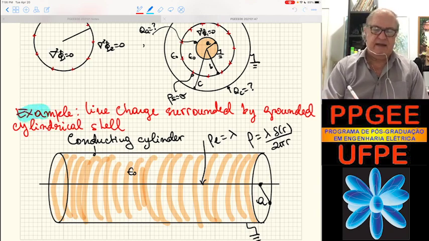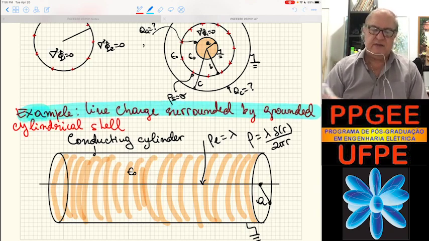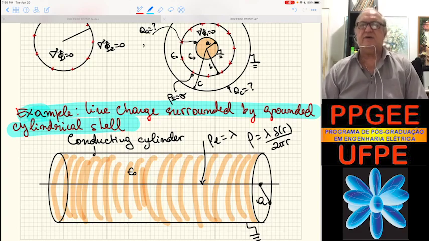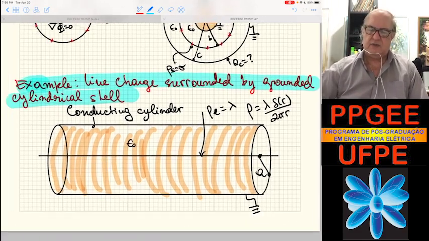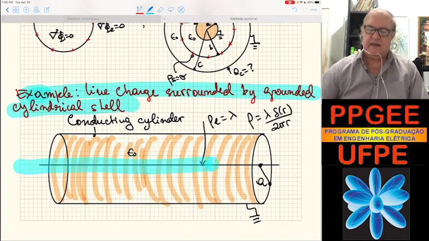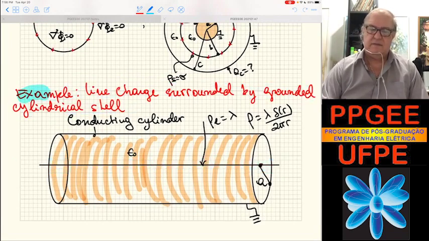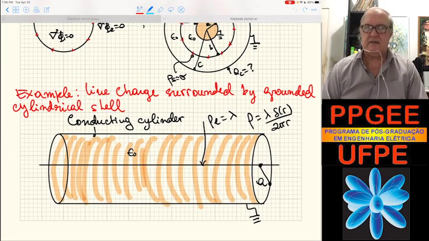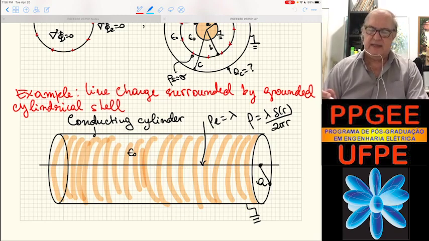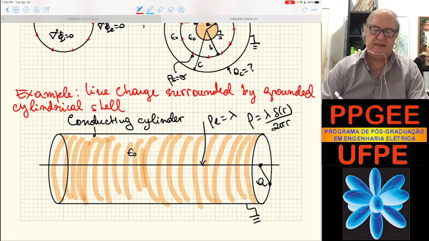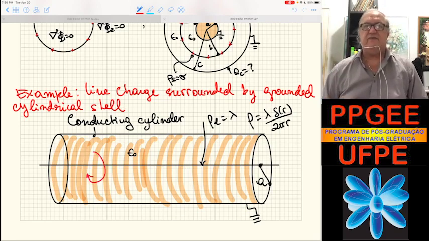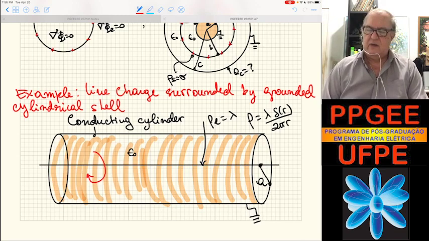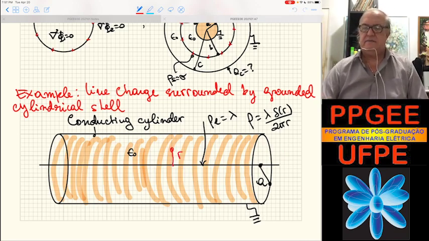So if we have now a line charge surrounded by a grounded cylindrical shell electrode, let's say this is infinitely long, which facilitates our analysis, because now we don't have dependence on the phi coordinate nor on the z coordinate. We have only a dependence of quantities on the distance r.